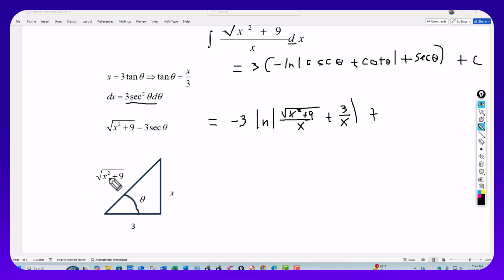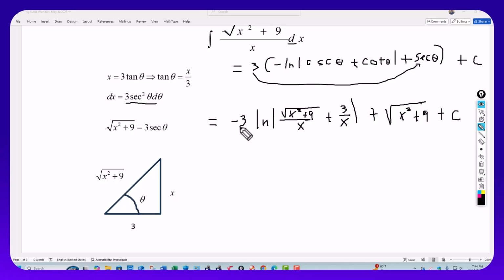So that would be the square root of x squared plus 9 over 3. But remember, I'm multiplying by 3 here. So I'll just cancel the denominator. It'll leave me the square root of x squared plus 9 plus the constant of integration.